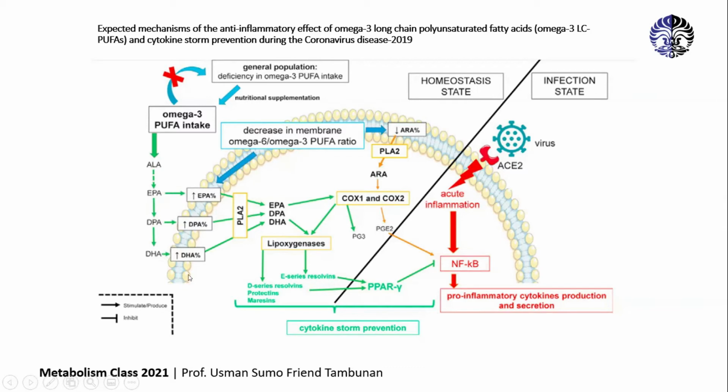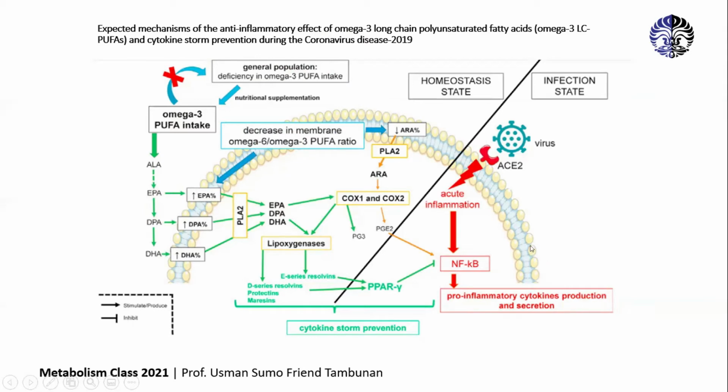And these long chain PUFA can be metabolized to produce PPAR gamma. PPAR gamma is a protein in the body that can inhibit nuclear factor kappa B. Nuclear factor kappa B is the protein that can stimulate production of cytokine.